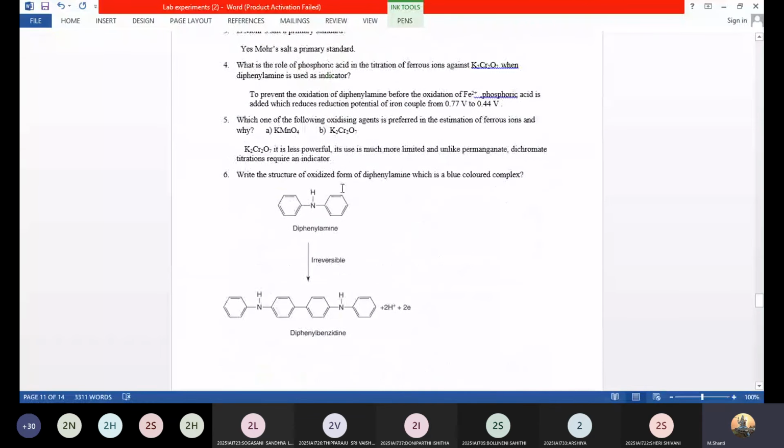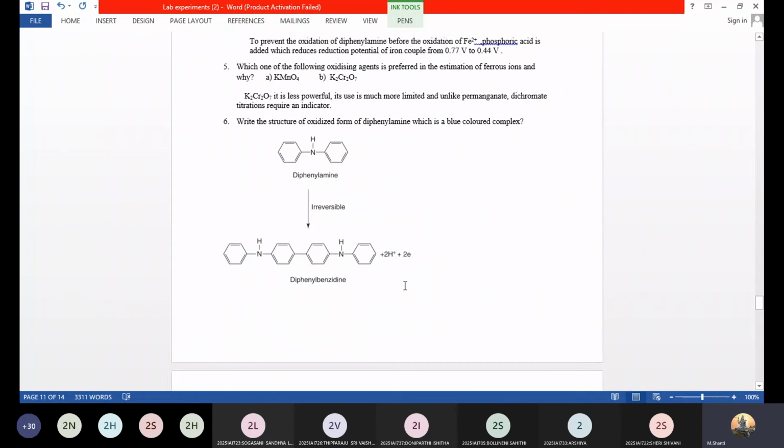What is the color of diphenylamine? Yes, diphenylamine is colorless. Diphenylbenzidine is blue. That's what such questions will be asked in the Viva.